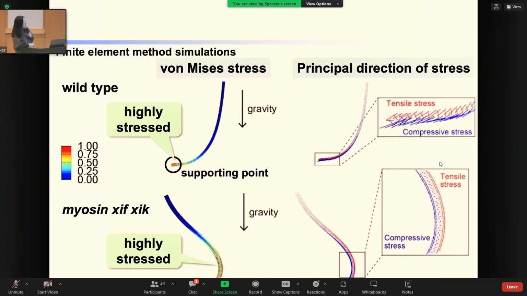The stress in the middle is much higher than at the supporting point. These results indicate that the stem shape of the mutant is mechanically unstable.